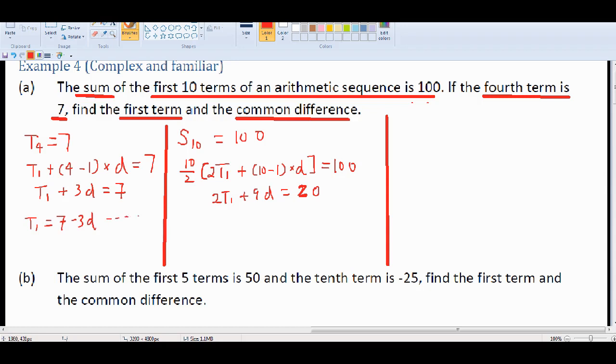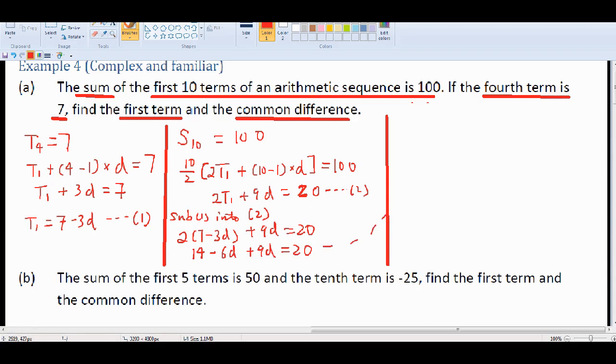Okay, I call this the first equation, and this the second equation, and I'm going to substitute the first into the second. 7 minus 3d plus 9d equals 20.